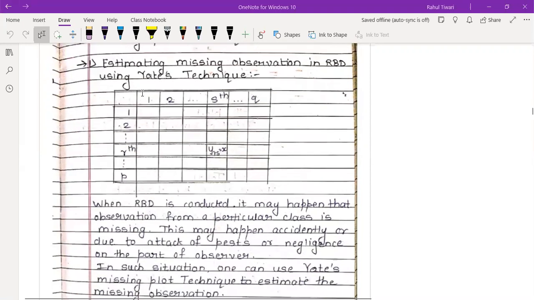This is what my data actually looks like: 1, 2, 3 up to Q, and 1, 2, 3 up to P. Somewhere we have a data point Y_RS, meaning the row and the column, which we assume is X. That quantity we have assumed X.